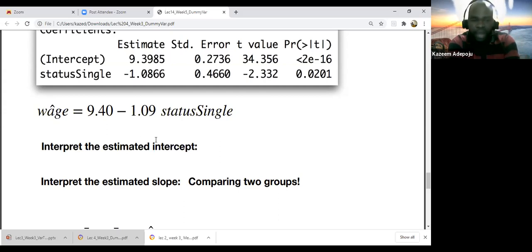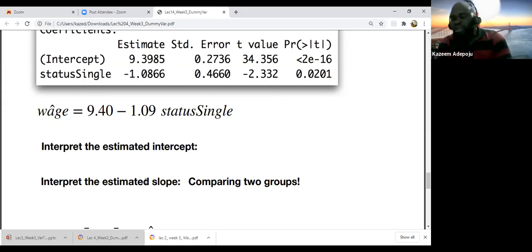Now we have interpreted the intercept, because what gives us the intercept right here is the baseline, when the status single equals 0. Now let us go and interpret the estimated slope, which is 1.09, this guy right here.